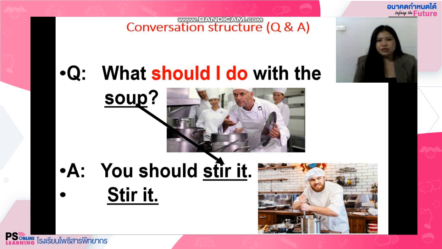Just it is okay. Copy the conversation structure because later I will show you photos, but you have to create your own conversation. It's better for you to have a copy with you so that you can check it while I give you the photos for the quiz later.